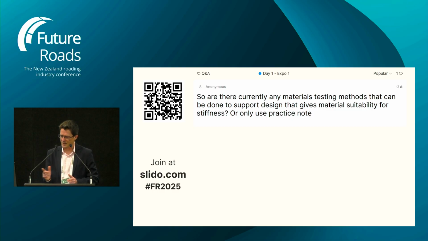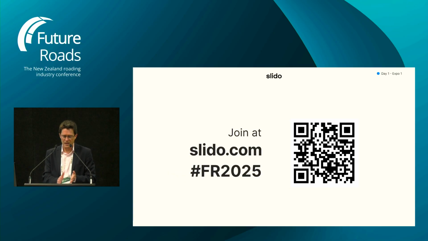And in that technical note that I showed you, it's a step-by-step process, and when you are specifying, you will come up with a very clear set of parameters about how the rolling process must be carried out, and also how the testing process must be carried out. So very clear, so there's no ambiguity. And also, for example, the time between when you compact and when you do the testing.